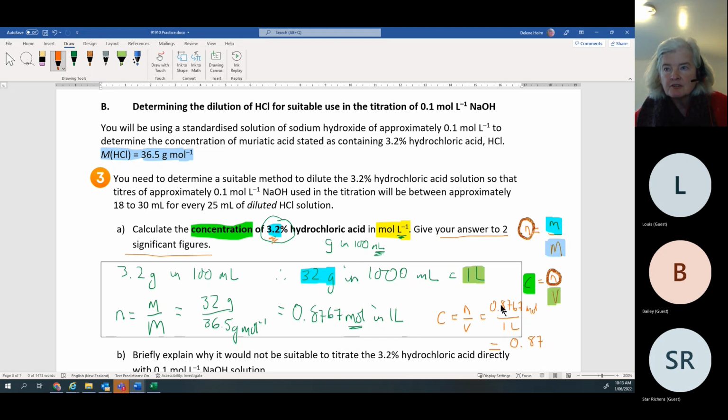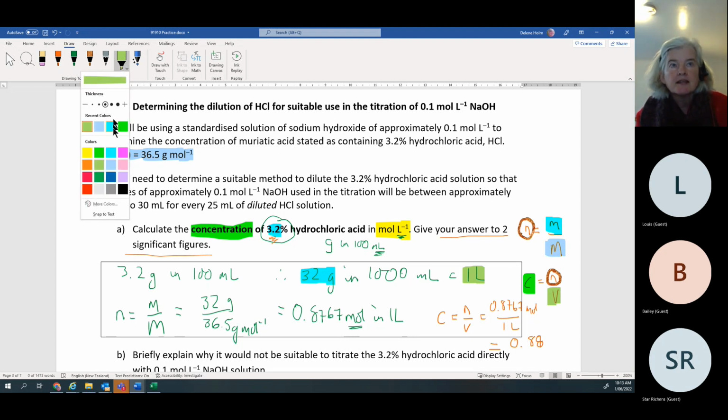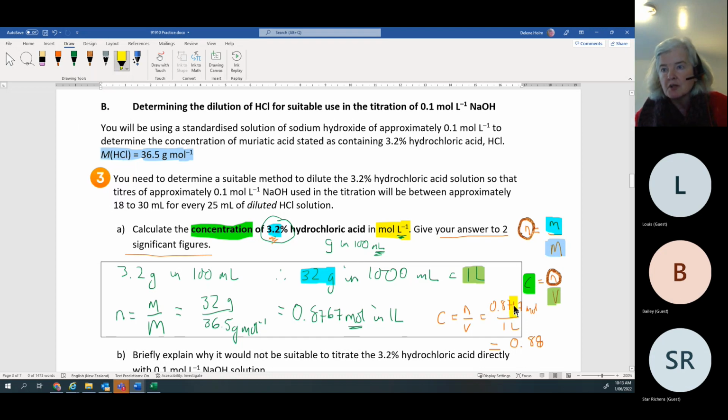The first answer with all 4 figures. The second answer where it's just 0.87. Or is it the third answer? You can just say 1, 2, or 3. Is it 0.88? 0.88. And the reason that is totally correct is because this number over here is 5 or greater. Let me just put it in yellow.